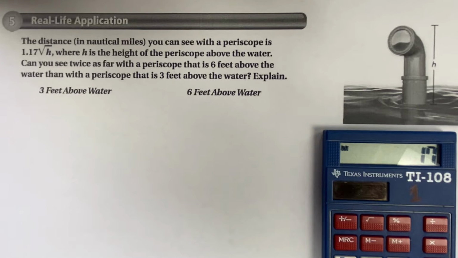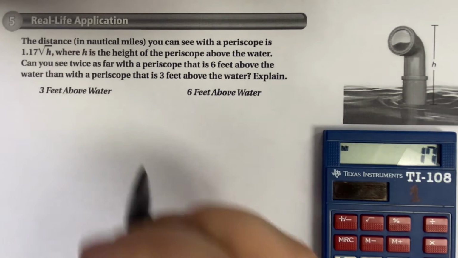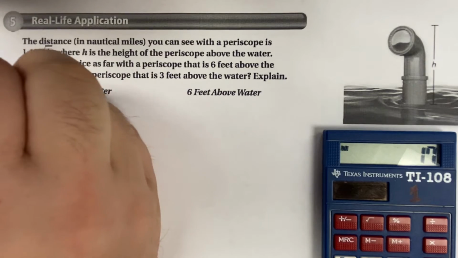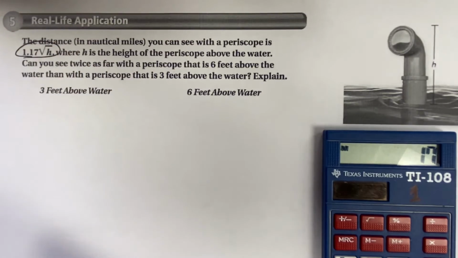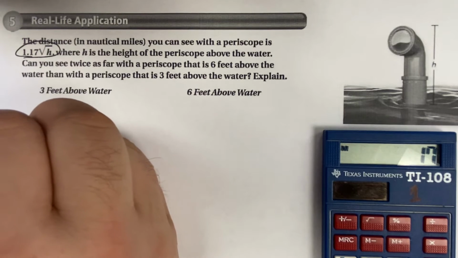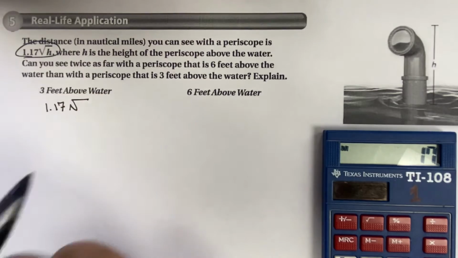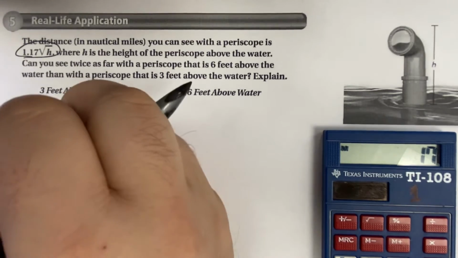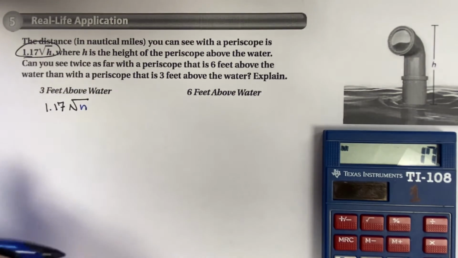All right, so what we've got to do is find or remember a formula. In this case, it's given to us. So what I'm going to be using on both of these is the idea of finding our height.